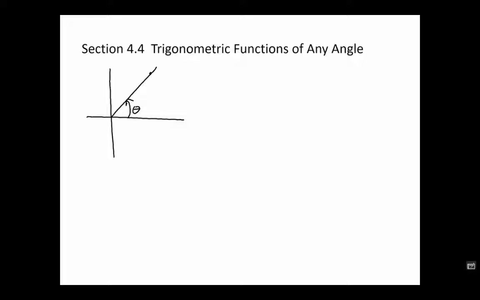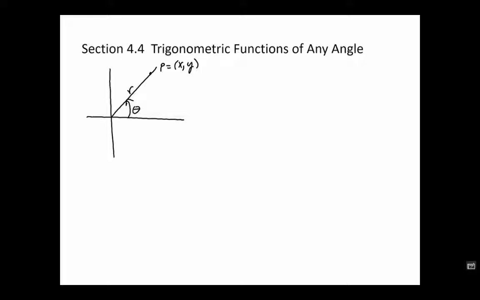Let's identify a point P with coordinates x, y. And point P is r units from the origin on the terminal side of angle theta.